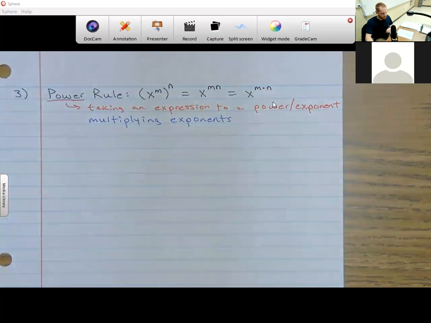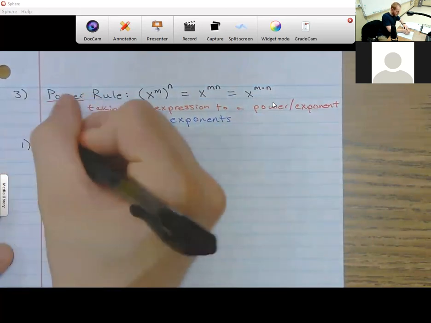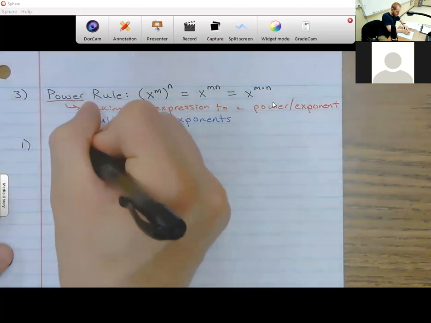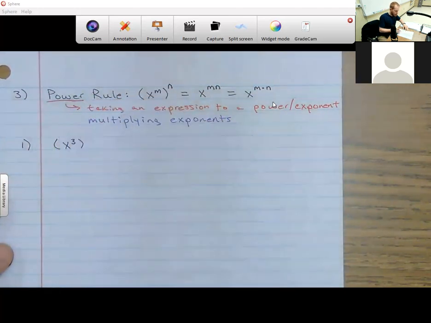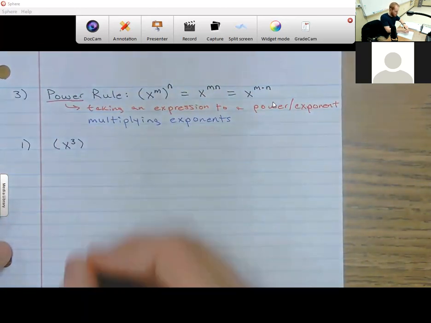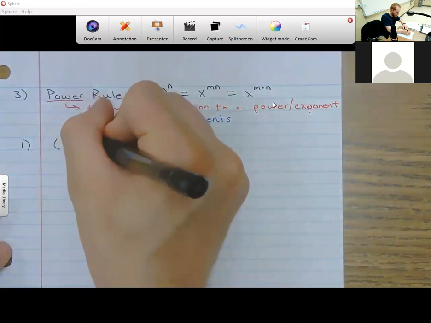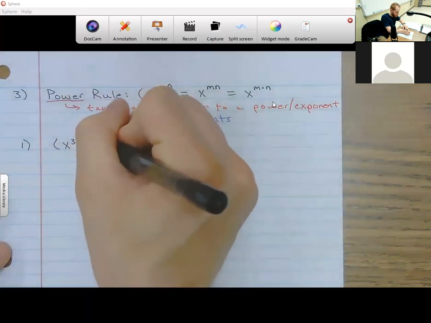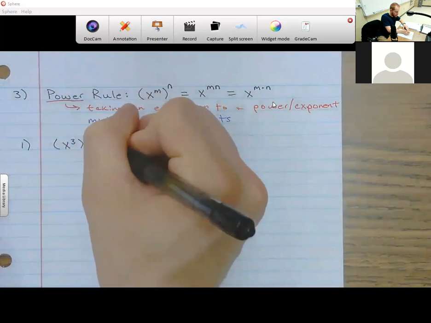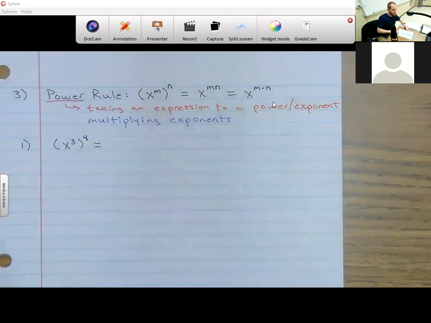We're going to look at number one. Number one says we got x cubed. We got x cubed, right? That's on the inside. And we're raising the whole thing to the what power? The fourth power. So what I want to do is raise everything on the inside of this parentheses to the fourth power.